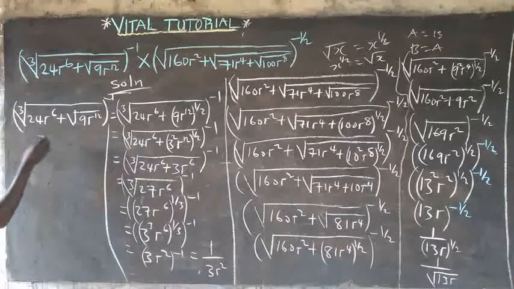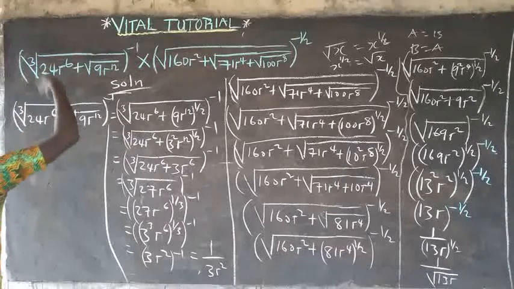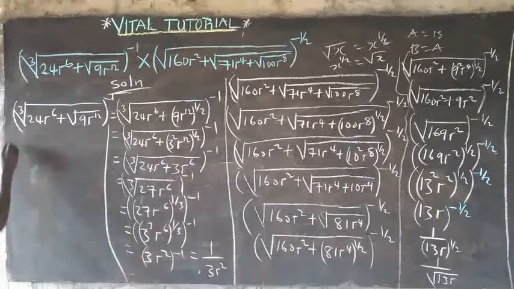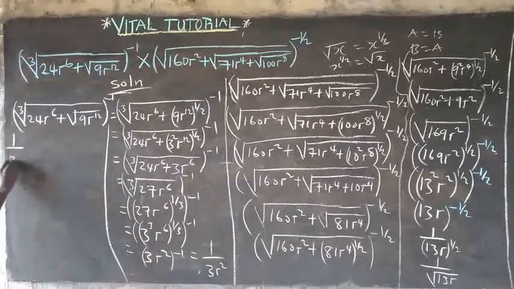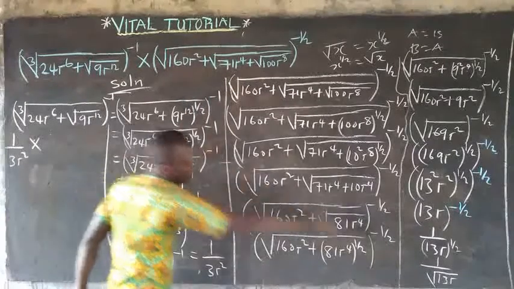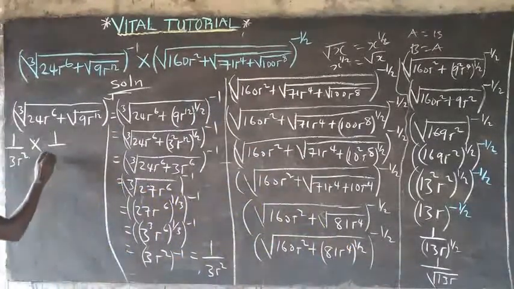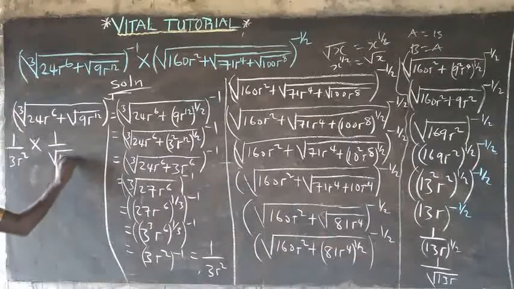So that means everything here is just 1 all over 3r square, multiplied by everything here, which is 1 all over the square root of 13r.